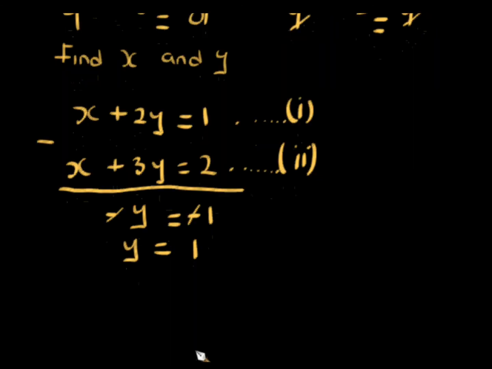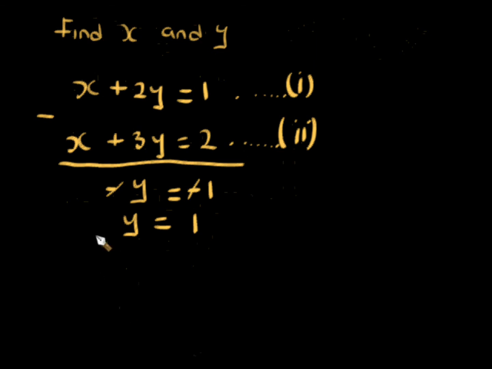So now we can put the value of y into equation 1. This would be equation 1, x plus 2y equal to 1. Since I know that my y is 1, I can put 1 here. I'm just substituting the value of y into this very equation 1. So in opening that bracket, we have x plus 2 times 1, which still gives us the very same 2.